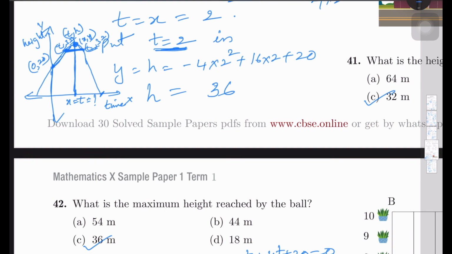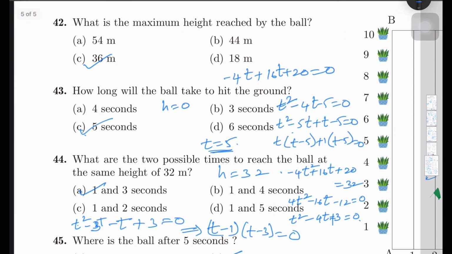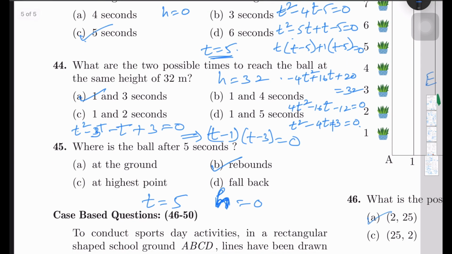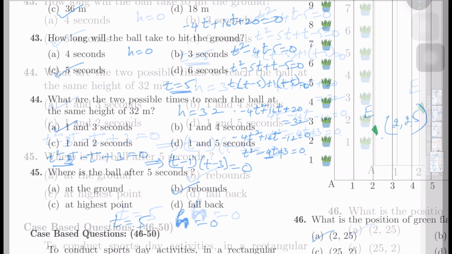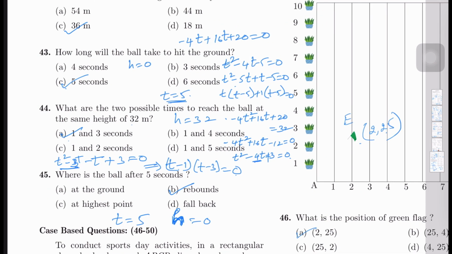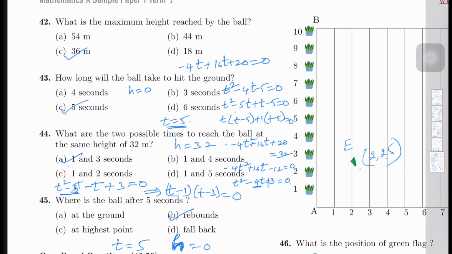So what is the time? We have to find out the time for both of them. That is, we'll just find out what is the time it reaches. So we are having that minus 4t square plus 16t plus 20. In the place of h, we are writing it is equal to 32 because the height is equal at both the points. So therefore, if you bring 32 this side, you get it as 4t square minus 16t minus 12 is equal to 0, or t square minus 4t plus 3 is equal to 0.